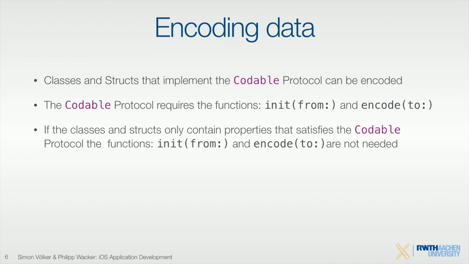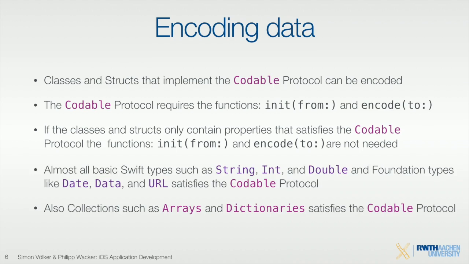You basically have to implement that every time. And you have to make sure that all of your substructures, for example a struct which contains another struct and another struct, all have to fulfill the basic Codable protocol. Otherwise, you will not be able to encode these things, and the encoding mechanism will fail.